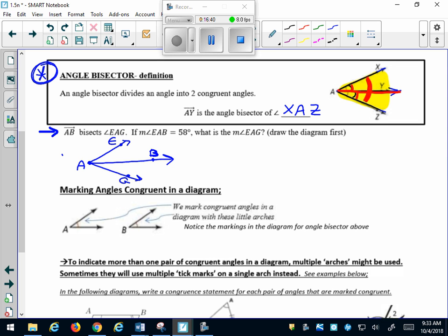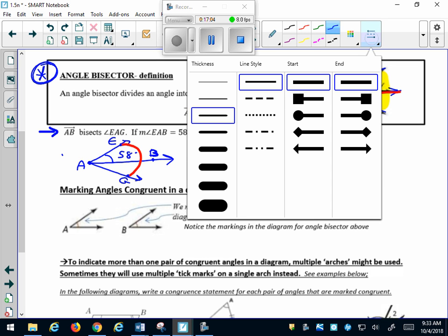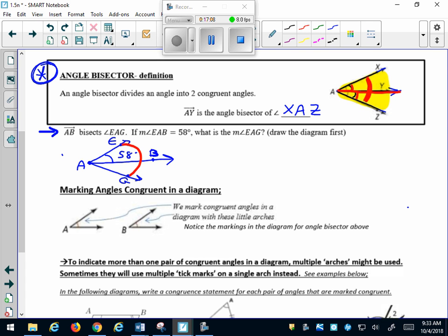Now they're giving us some given information. If the measure of angle EAB is 58 degrees, what is the measure of angle EAG? So they're looking for the whole thing. Well, what would you do to get that answer?